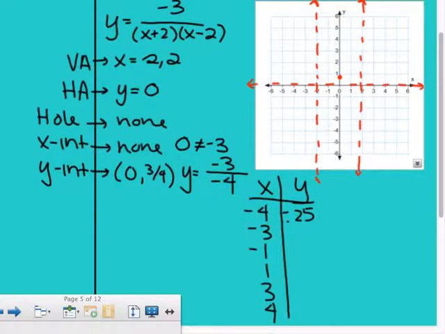So you should get negative 0.25, negative 0.6, 1, 1, negative 0.6, and negative 0.25. Make sure those are the ones you're getting. I want you to make sure you know how to plug them in and simplify to get the outputs. So I'm going to plot these real quick and connect them to make your picture.